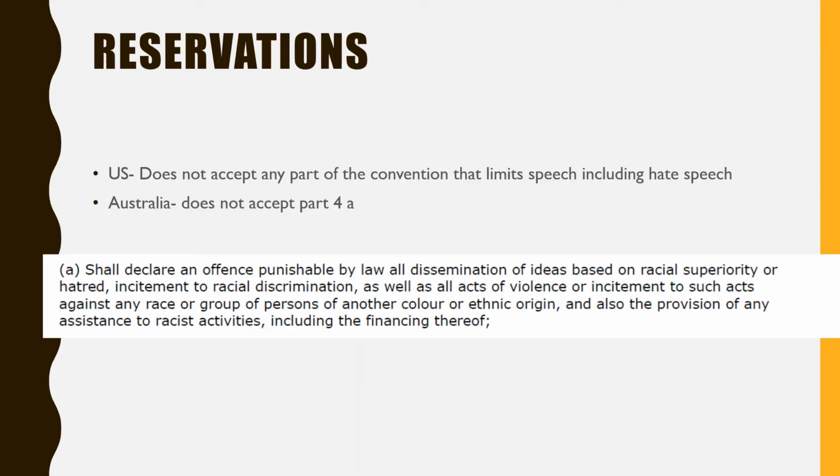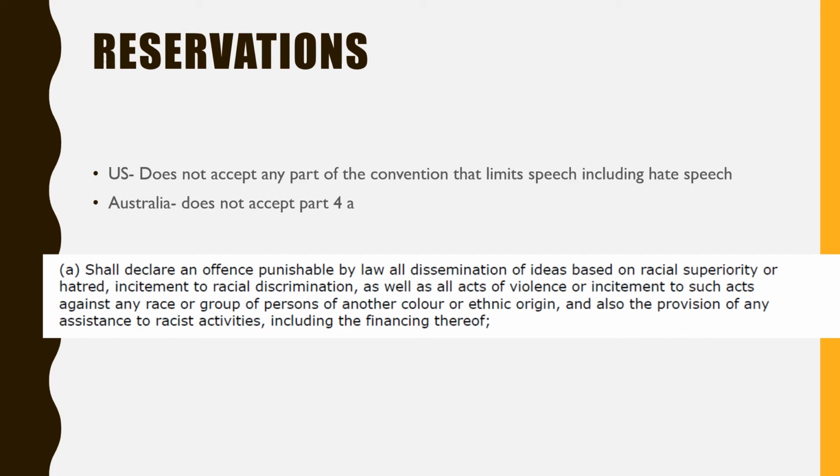Now, a state can commit to a convention and can commit to incorporating the rights in that convention into their state legislation, but they can have reservations about certain parts of the convention. So in the case of the International Convention on the Elimination of Racial Discrimination, the United States does not accept any part of the convention that limits speech, including hate speech.